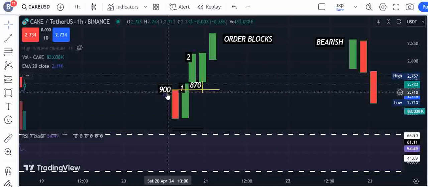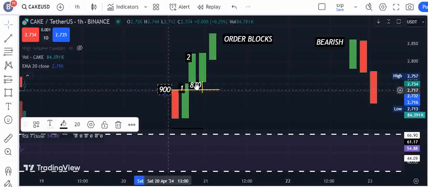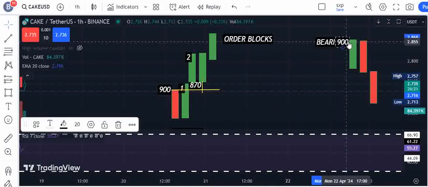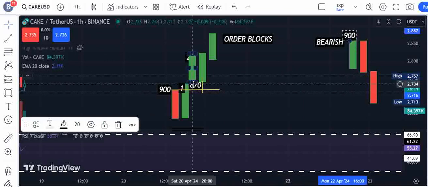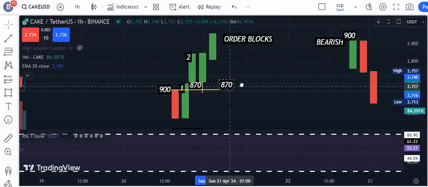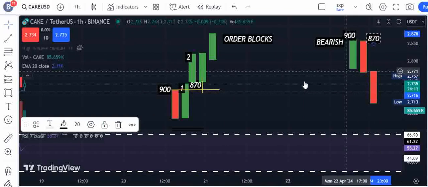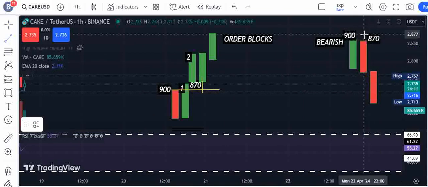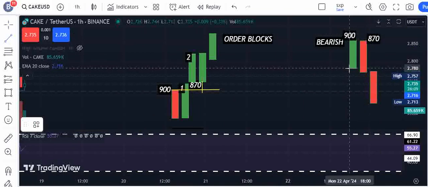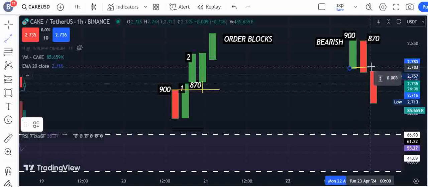That means that on this aspect we have 900 here, and then we had 870 here. So we know that for the market to be balanced, that 30 buy order remaining in this market needs to be filled before the market can sell perfectly.